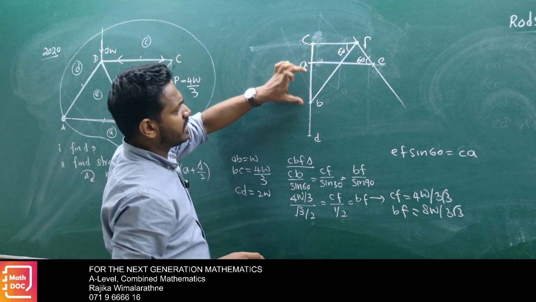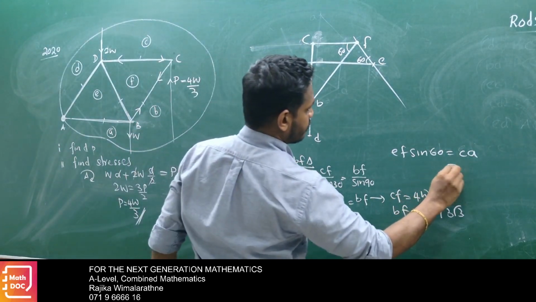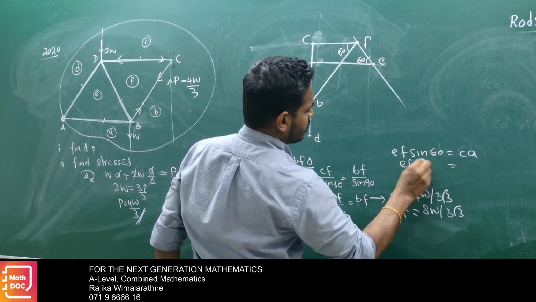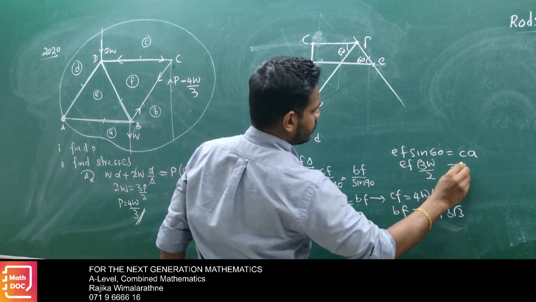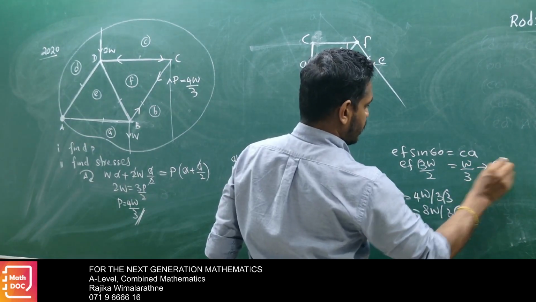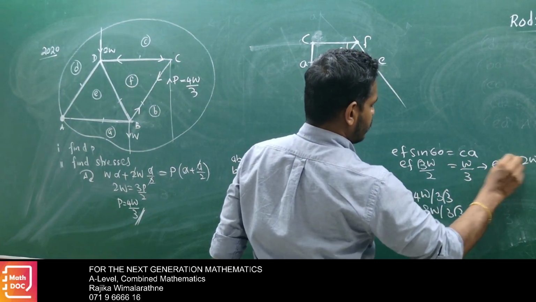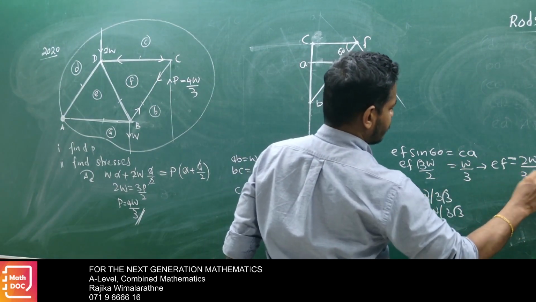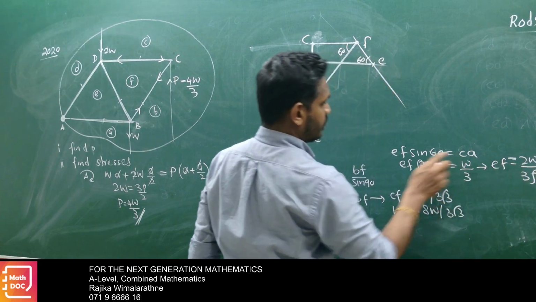Then 4W over 3 minus W, W over 3, no? Root 3 W over 2, W over 3. EF equals 2W over 3 root 3.